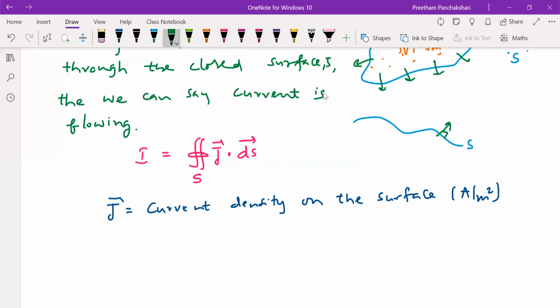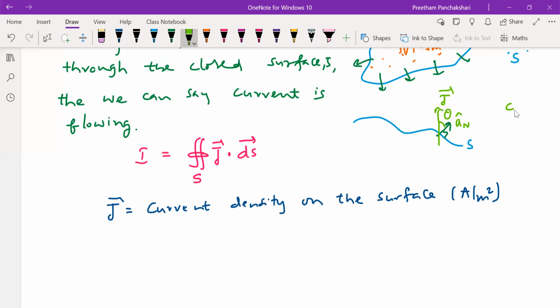If the current is not flowing perpendicular to the surface, that is, if J is trying to flow in this direction, then this angle of J with respect to the normal direction of the surface is considered. And to take care of this concept, dot is introduced into the product.